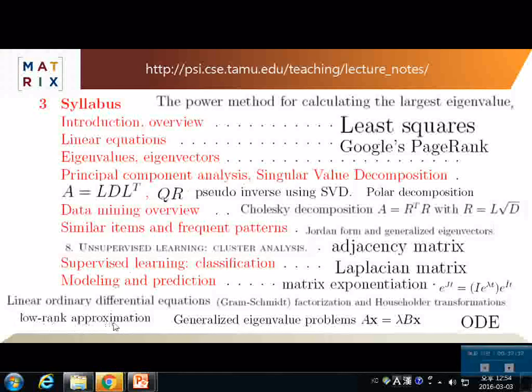And low rank approximation can also be easily drawn from this matrix factorization and the properties of eigenvectors. And we also need to know how to solve generalized eigenvalue problems like this. All of these are used in ODEs and PDEs as well. So these are the kind of background.